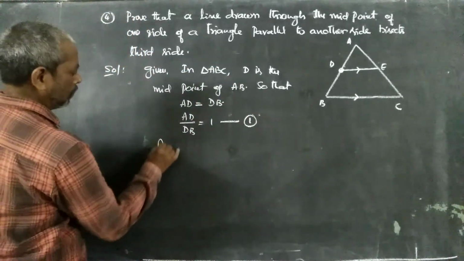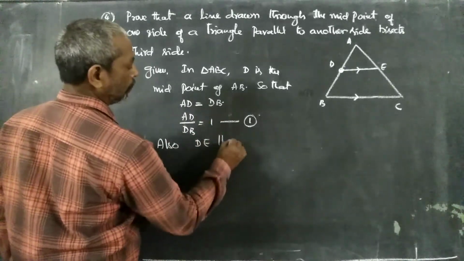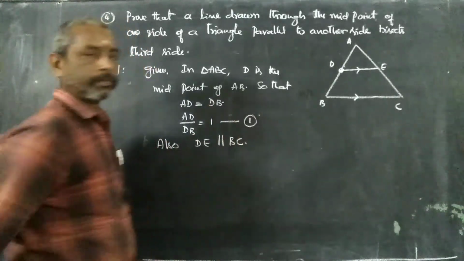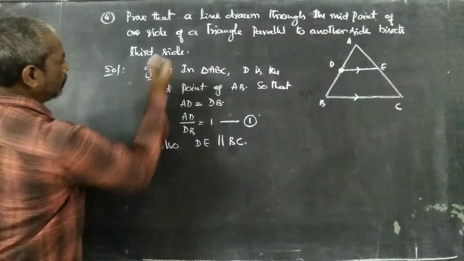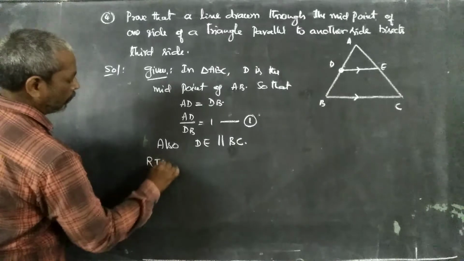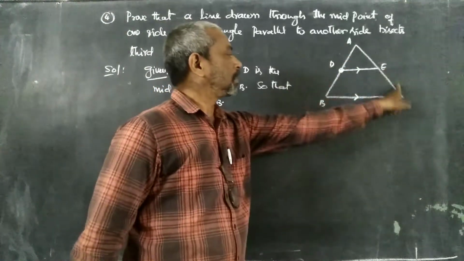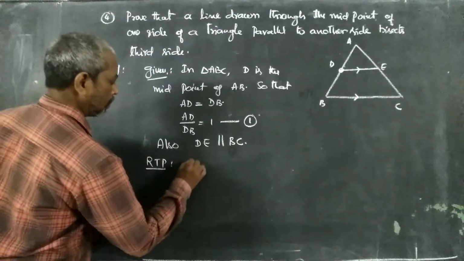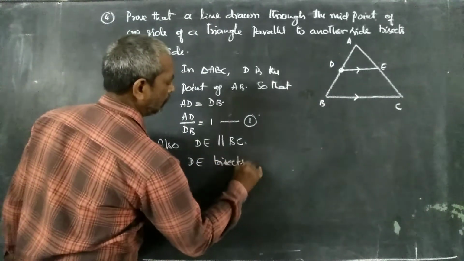And also DE is parallel to BC. Required to prove: line DE bisects the third side AC.